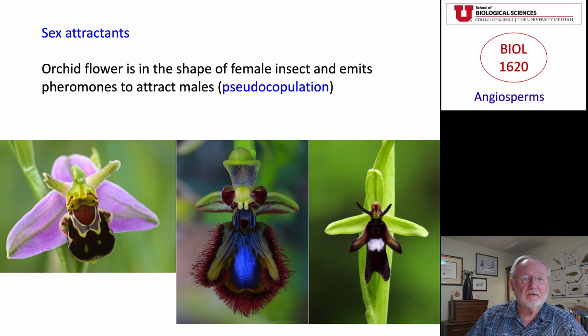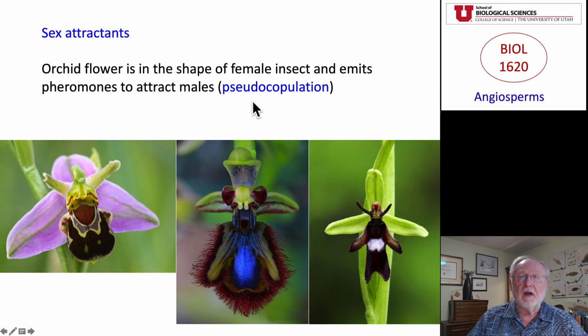There are sex attractants that plants have evolved. In some cases, such as we see in the orchids, the flower mimics another bee, and in fact, often they emit a pheromone that attracts the bee. The male bee tends to copulate with this flower.